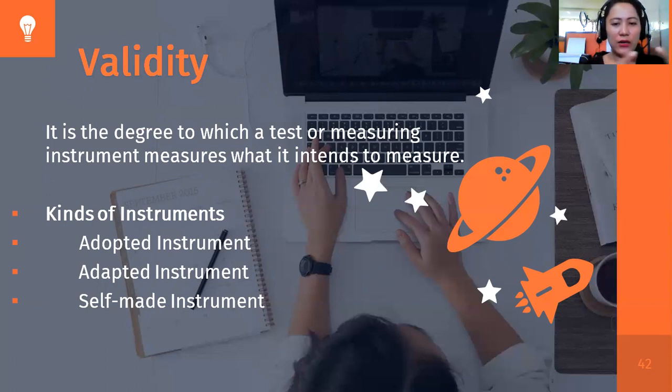But in adapted, that is still highly correlated. When you talk about concurrent validity, they are still correlated since there are only minimal changes. If you do a lot of changes, that can be considered as self-made instrument.